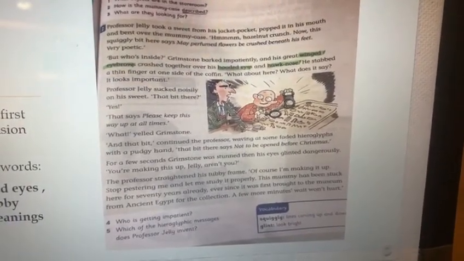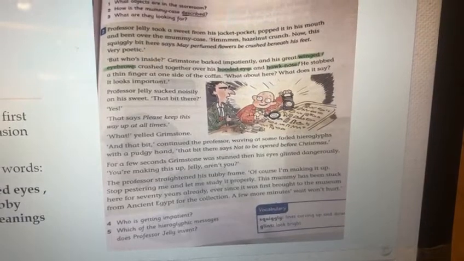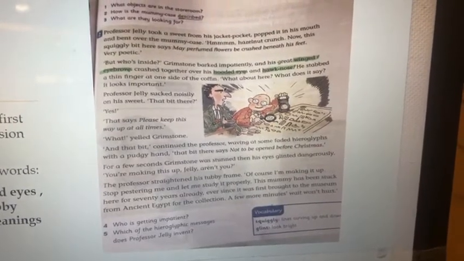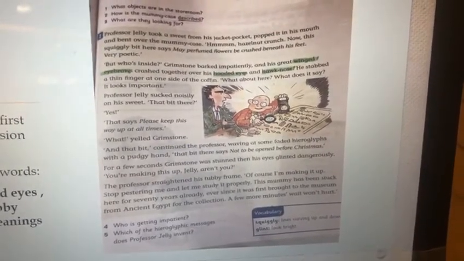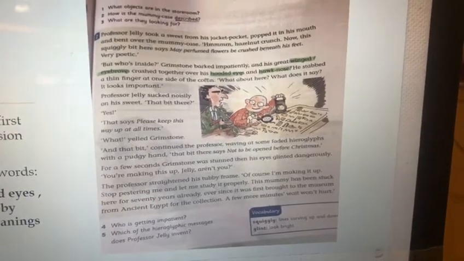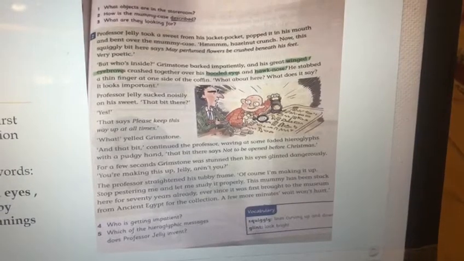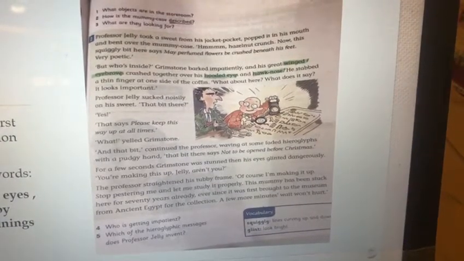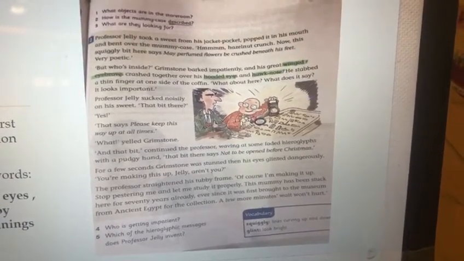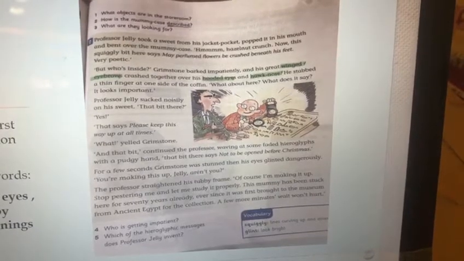That bit there? Yes, that says, please keep this way up at all times. What? Yelled Grimston. And that bit, continued the professor, waving at some faded hieroglyphs with a podgy hand, that bit there says, not to be opened before Christmas.